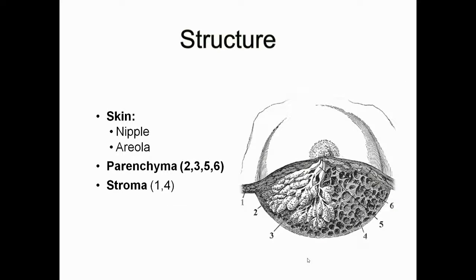The structure of the breast is divided into three parts, that is the skin, parenchyma, and stroma. And skin is again divided into the nipple and the areola. And the parenchyma, we can see this whole kind of fatty tissue here, and the stroma also here.